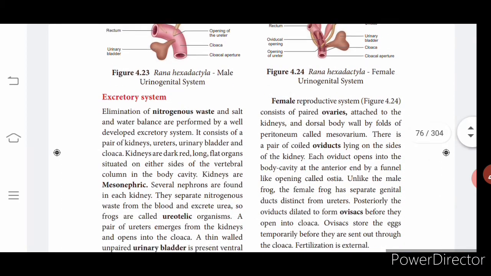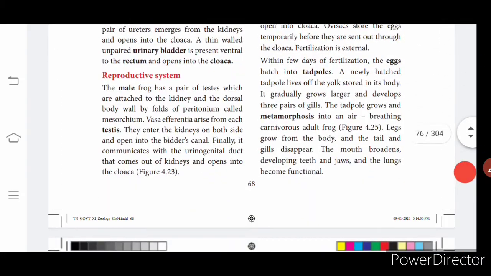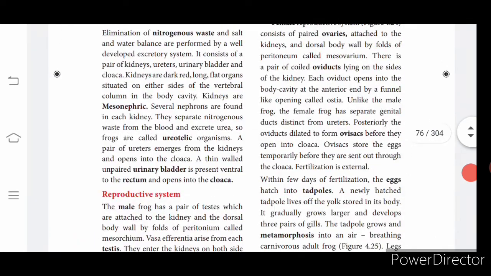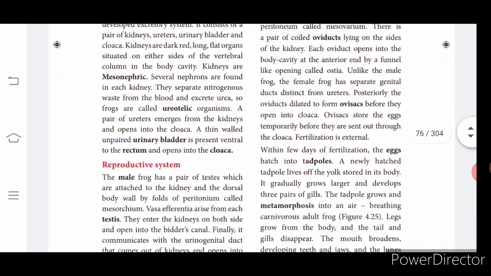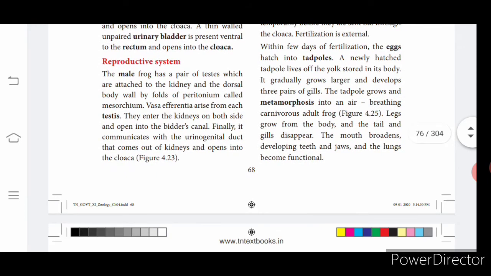After fertilization the young ones will be produced. The young one does not follow the same structure as the adult. Do you follow? Here we come across the term metamorphosis.